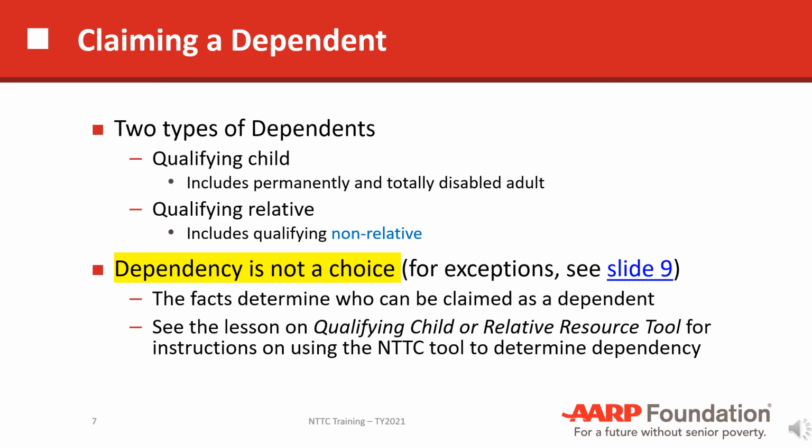The facts determine who can be claimed as a dependent. So it's really a matter of do they fit the dependent definition. You can also see the lesson for qualifying child and qualifying relative resource tool, and that lesson is the presentation that I'm doing right after this one.